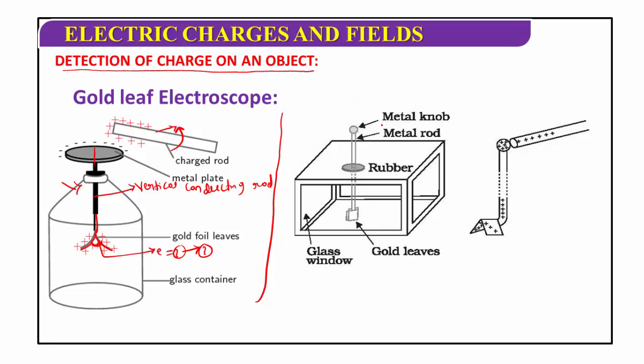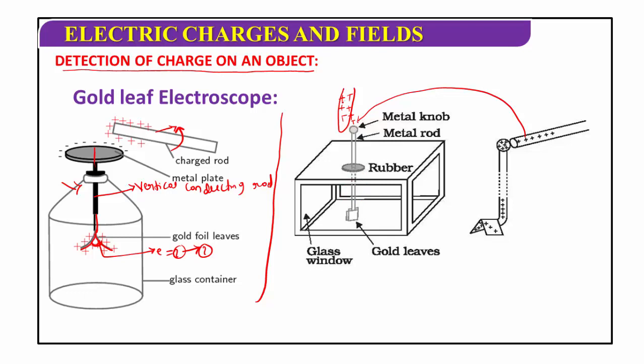When a charged object touches the metal knob at the top of the rod, the charge flows onto the leaves and they diverge from each other. The degree of divergence is an indicator of the amount of electric charge.